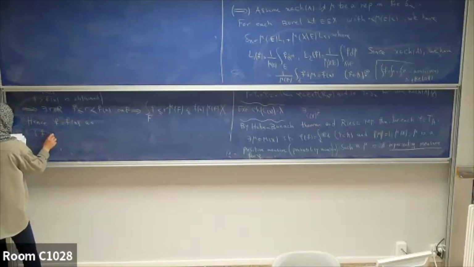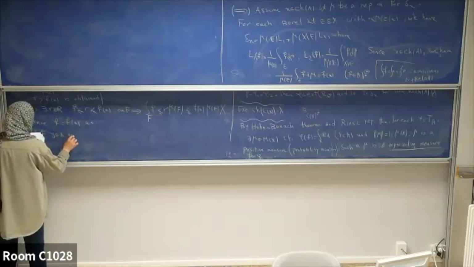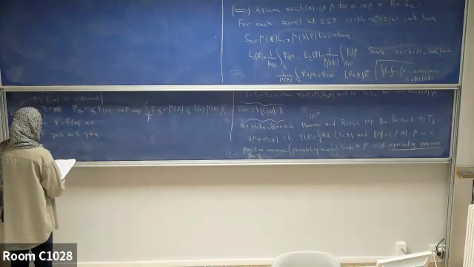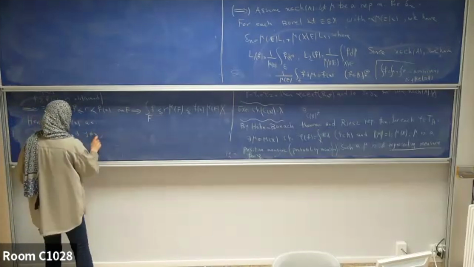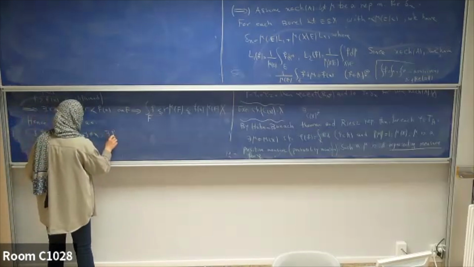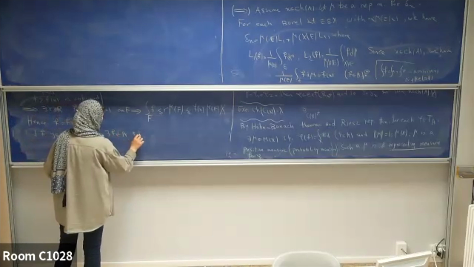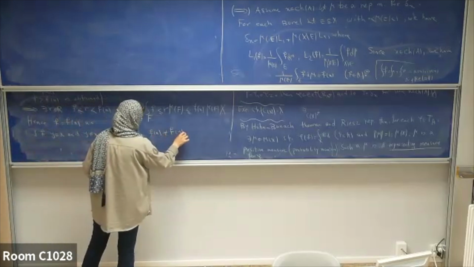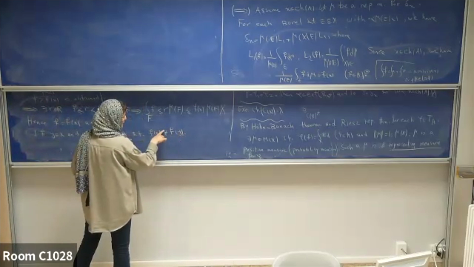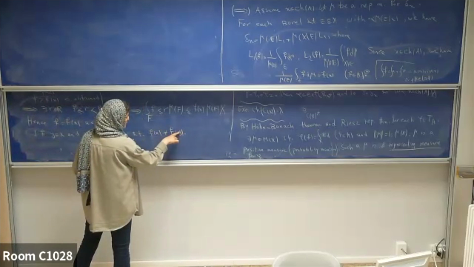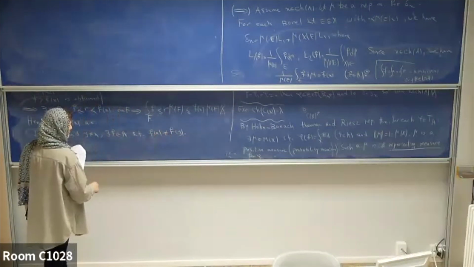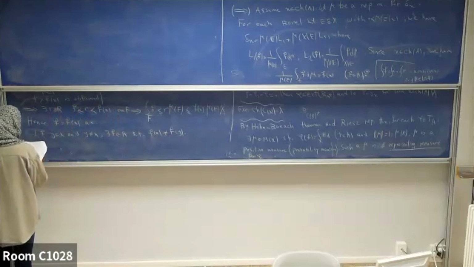If y is in X and y is not x, then we know that the function algebra separates the points. f of x is not f of y. f is continuous, so we can find a neighborhood around y such that f of x is not f of any element in that neighborhood.